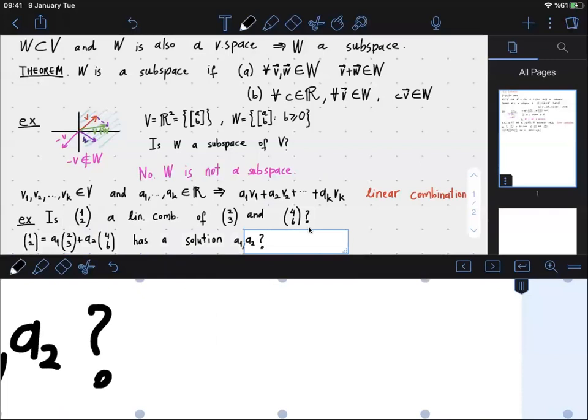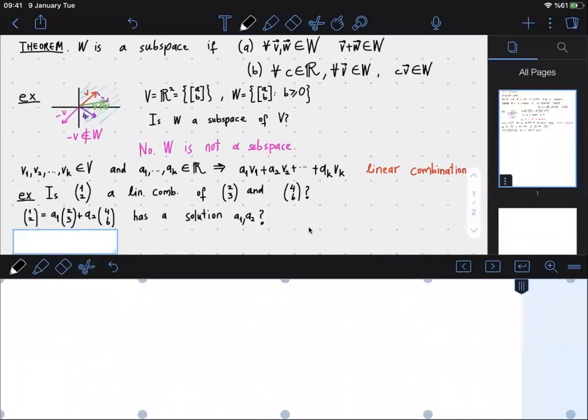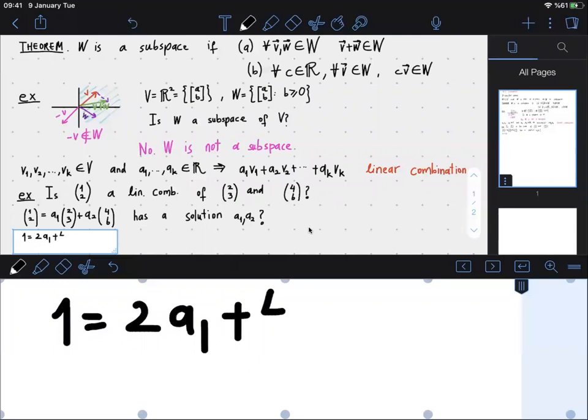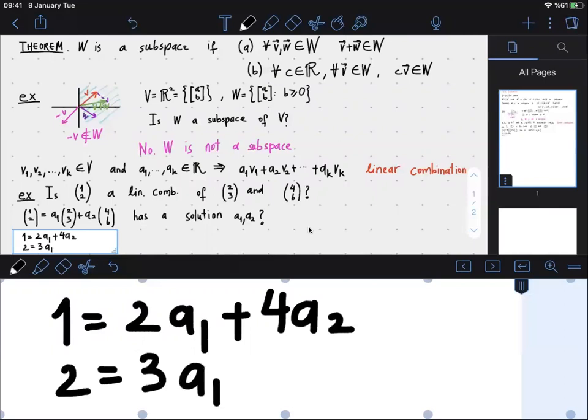What does this mean? This means two equations, right? The first equation is 1 equals 2a1 plus 4a2. And the second equation is 2 equals 3a1 plus 6a2. Does this system have a solution?